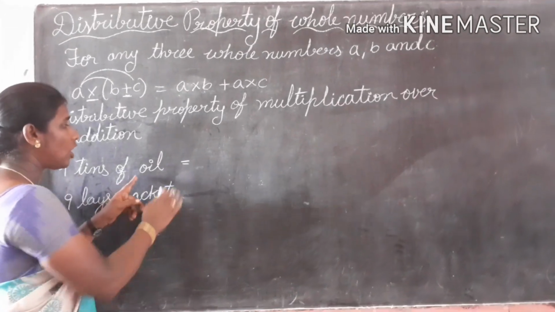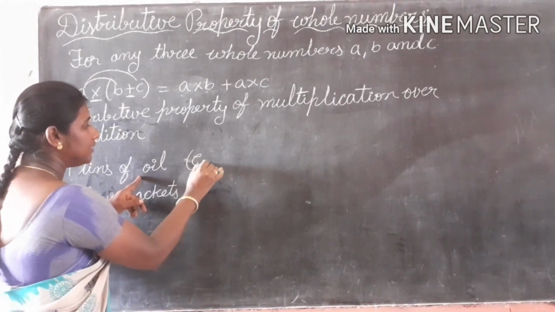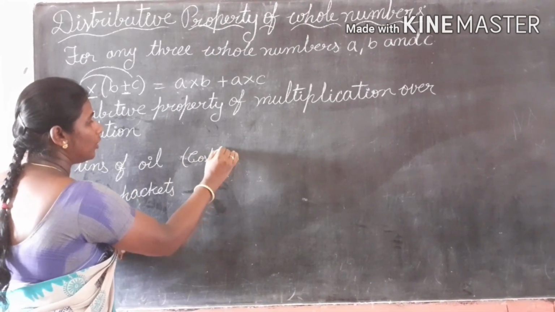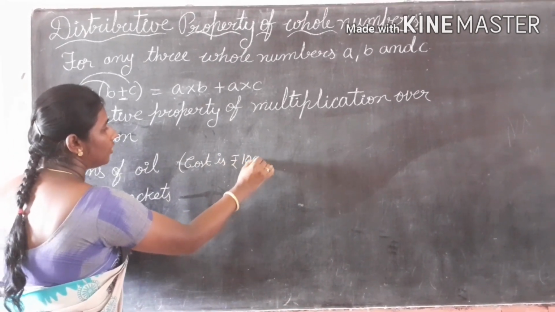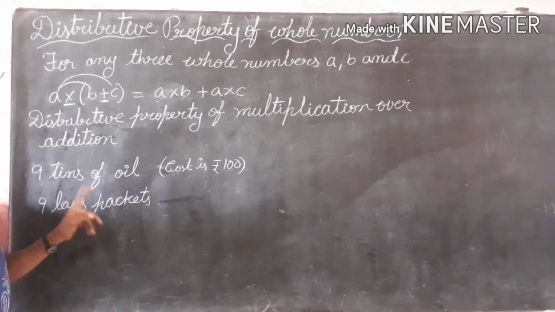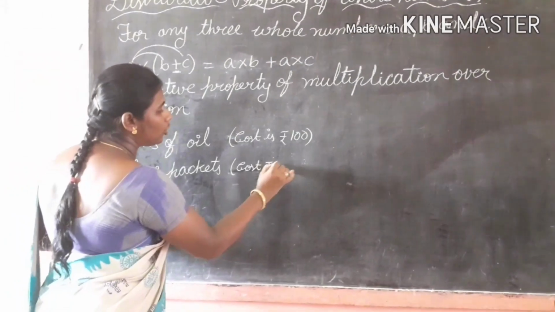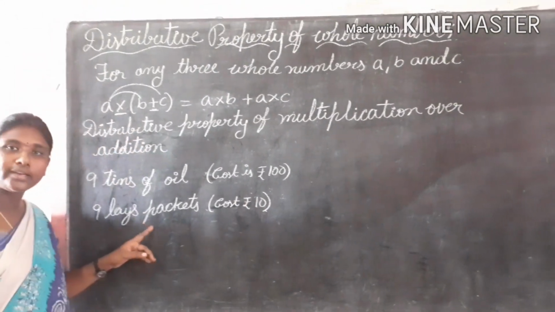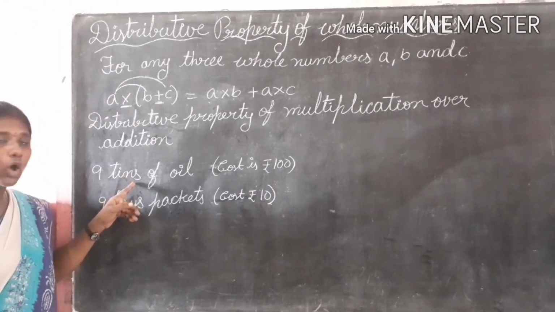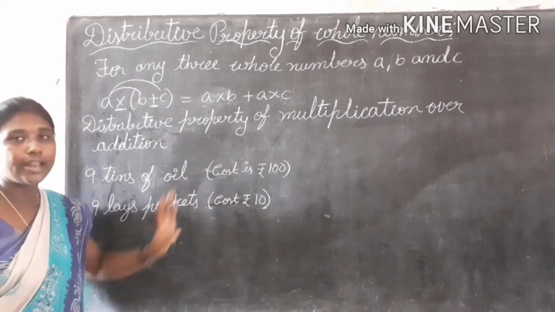In that, the cost of 1 tin of oil is 100 rupees, and the cost of 1 Lay's packet is 10 rupees.